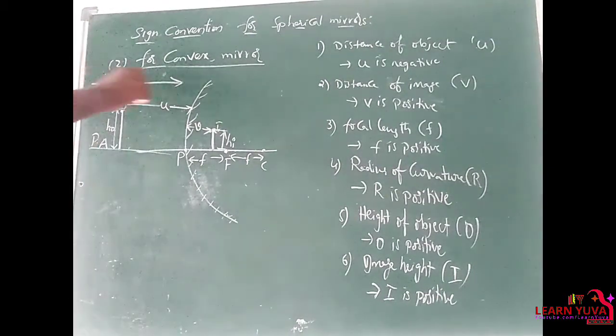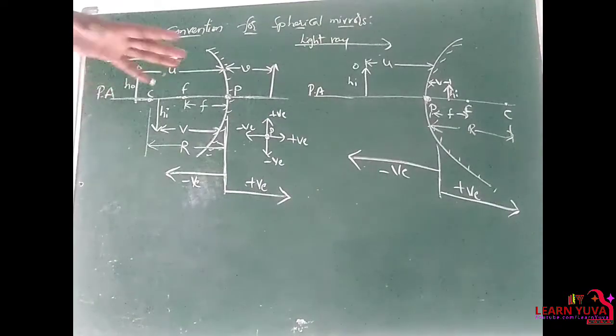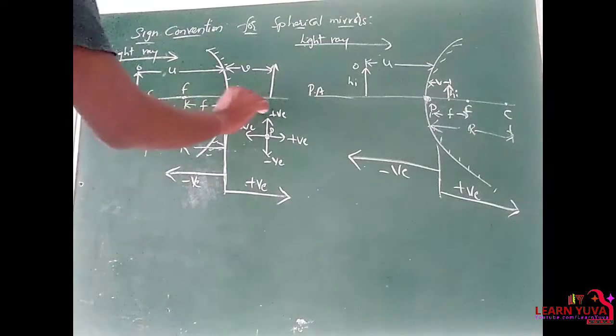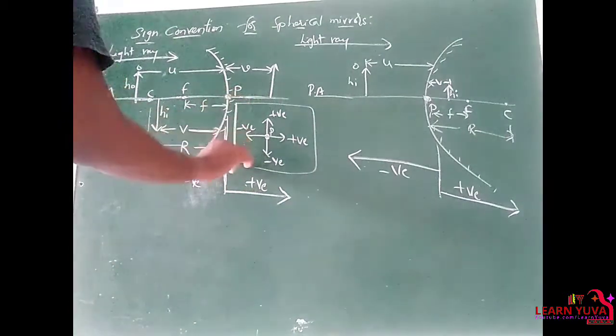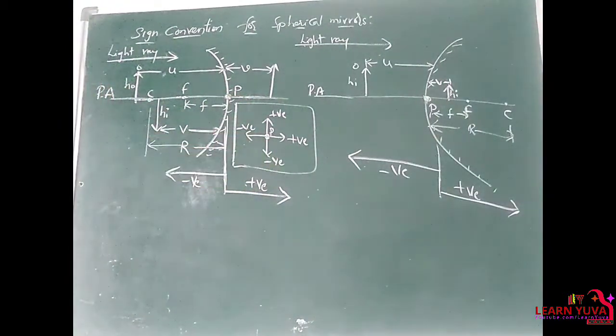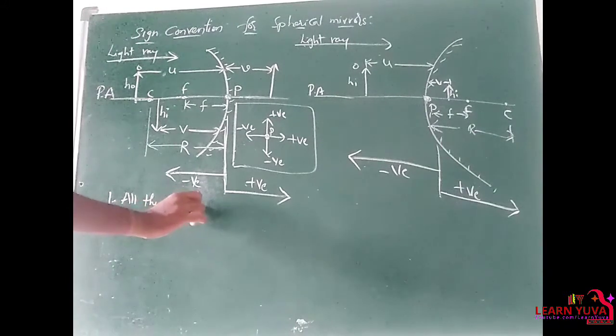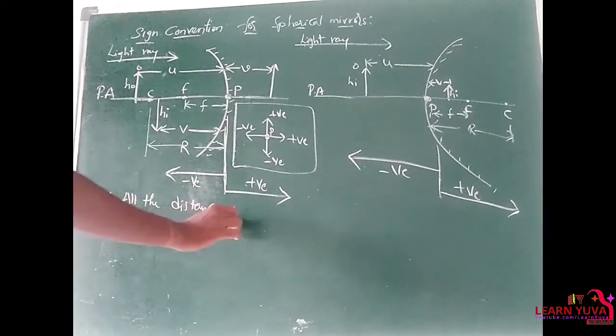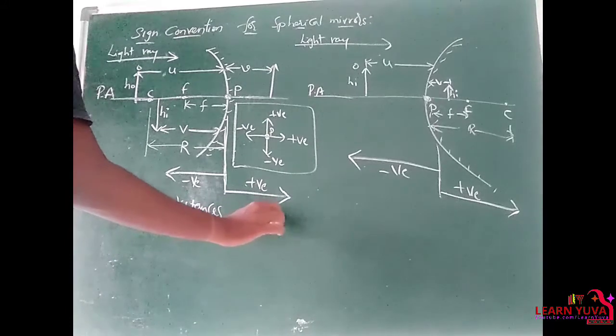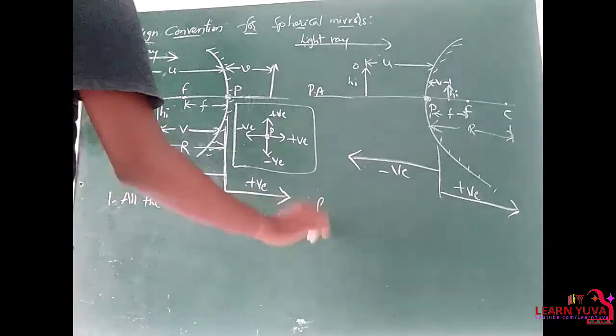As I said, this is the direction of the light ray, which is important. By observing these diagrams you can clearly understand this. So first rule: all the distances are measured from the pole only.